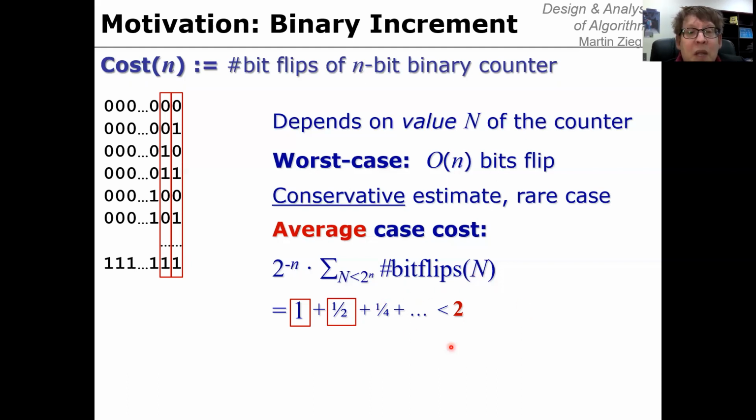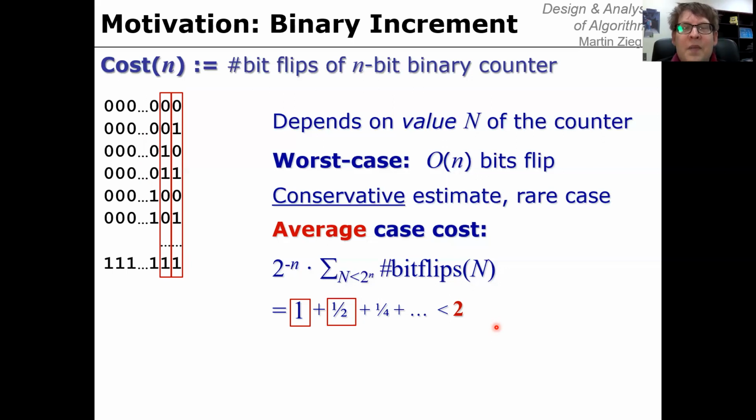And thus we have formalized our intuition. Intuitively, we already knew that on average only very few bits flip. And now we've defined and analyzed that on average, only 2 bits flip. So that was our first very simple motivating example.